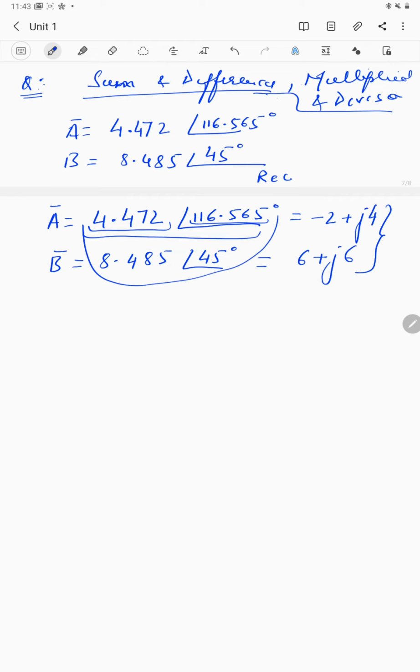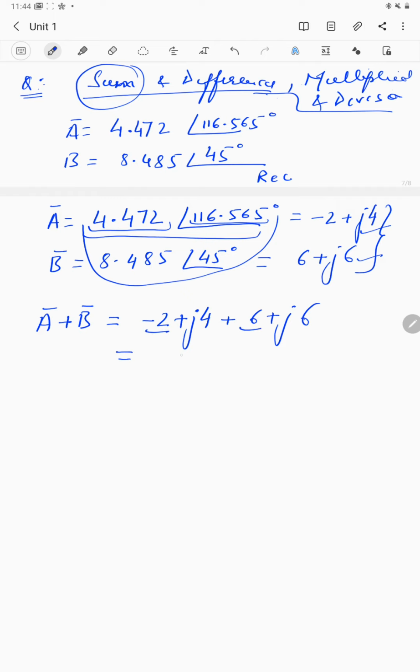Now we have both forms. First we are going to do the sum, A plus B. For addition and subtraction we need the phasors in rectangular form. So we add both phasors, minus 2 plus j4 and 6 plus j6. Real part plus real part, 4 plus j10.